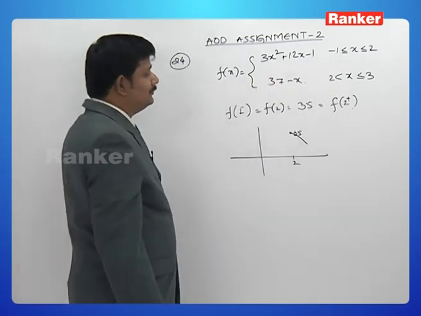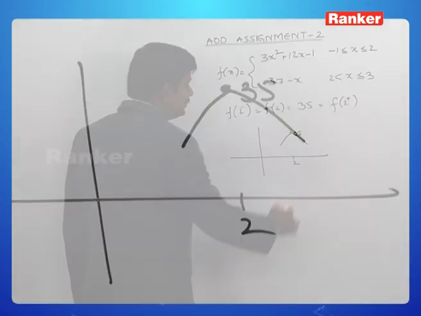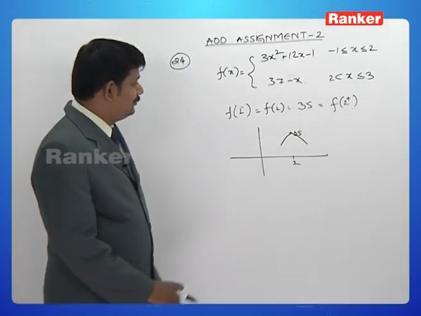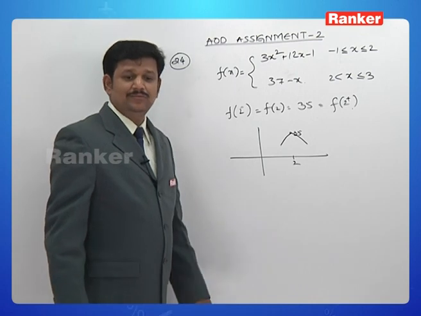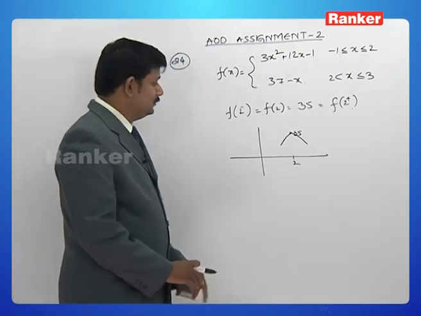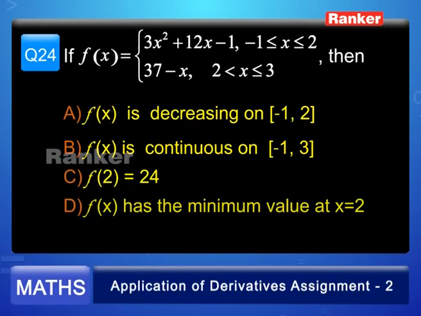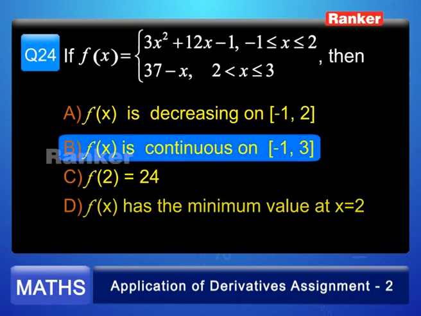Left hand derivative is positive. So, to the left side function is increasing. So, this is how the graph would be, and we can see at f of 2 we have a maximum, not a minimum. So, f of 2 there is a local maxima. So, finally, answer is option B, function is continuous in minus 1 to 3.